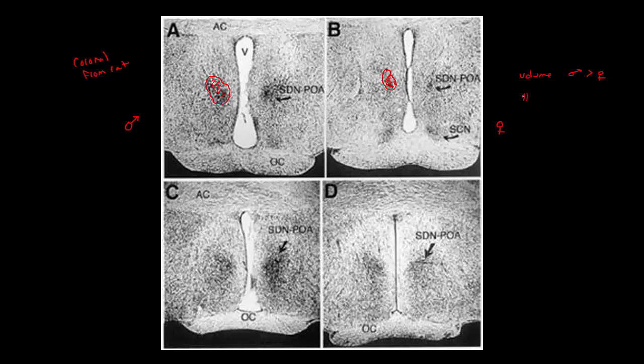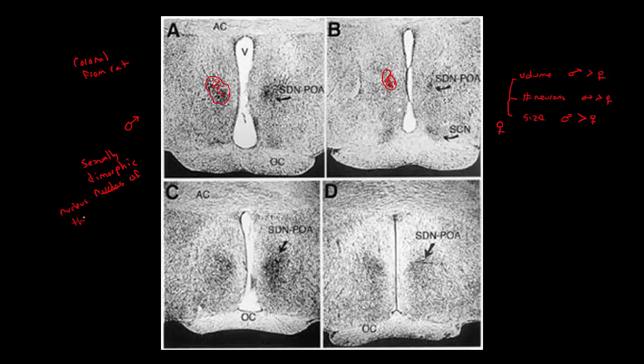Under high power, we can also count the number of neurons. Male also greater than female. If we look at the size of the neurons, male greater than female. So there's a lot we can tell. Now this is telling us about the structure. It's not telling us anything about the function yet. But we can get a handle that maybe this SDN-POA, by the way, SDN-POA, sexually dimorphic nucleus of the preoptic area. I spelled nucleus wrong, sorry.